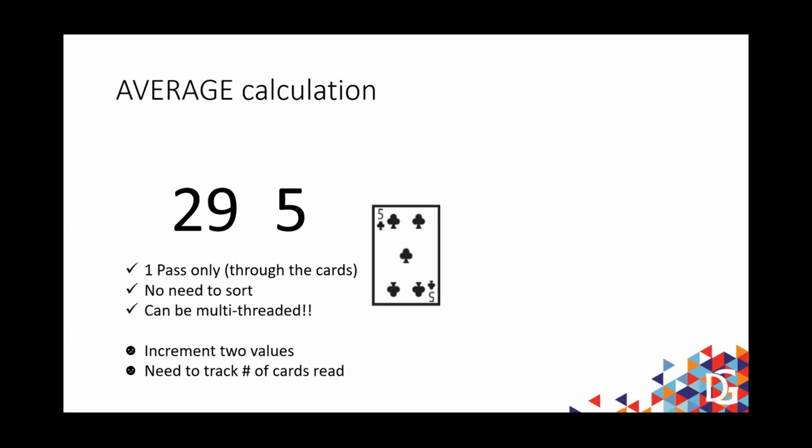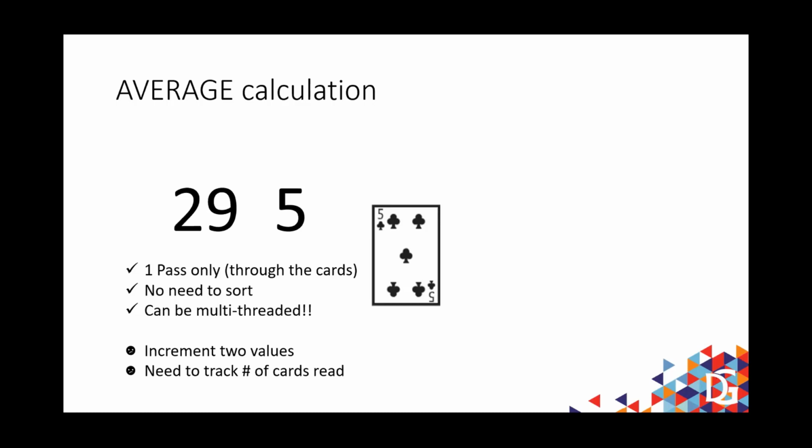So I would still classify the average calculation in the same bucket as max and sum. Now, many of the other calculation types like min and the other ones have the same sort of profile. They can be completed very efficiently without needing to use much memory, doing a quick scan through the data, the cards, and it's not too hard or heavy on the system.